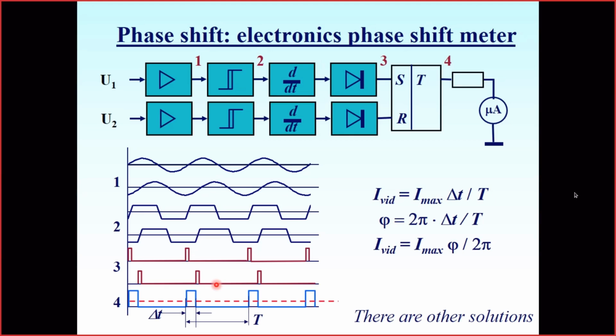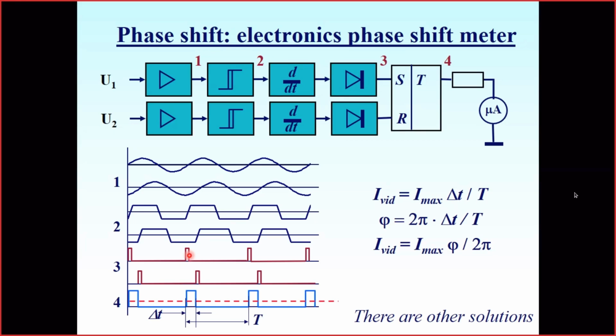That's why, if the phase shift grows, the length is growing and the indication of the microamp meter is growing because the average is growing, and it's continuous until this shifted pulse coincides with the next pulse of the first channel. At this moment, we get a situation where we actually get some kind of drop back.